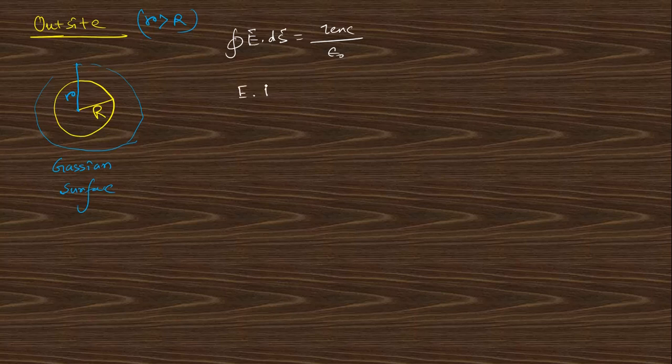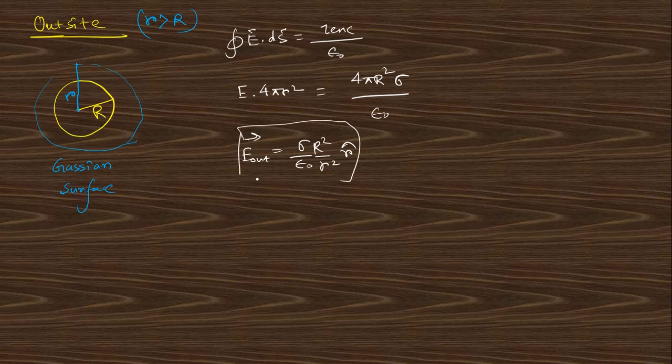This is nothing but E into 4 pi r square, the area of this surface, and q enclosed is nothing but 4 pi capital R square into sigma by epsilon naught. So the 4 pi can cancel out, sigma capital R square by epsilon naught small r square. If you take the vector form, you will get this expression.